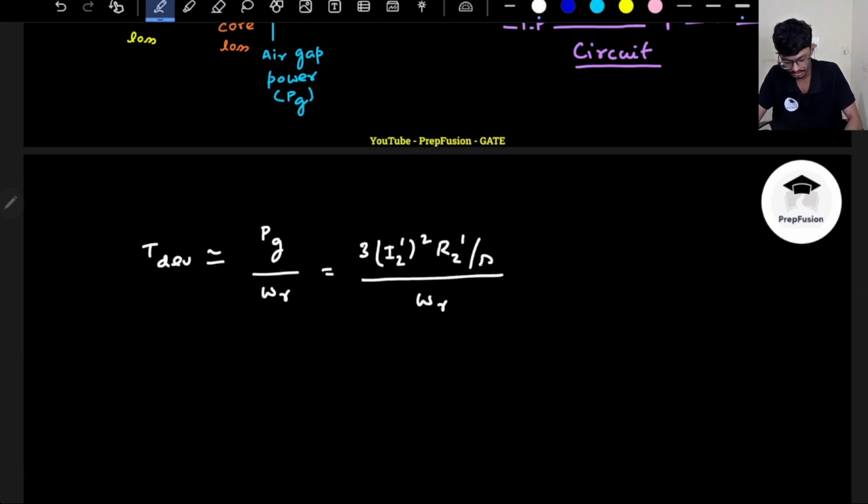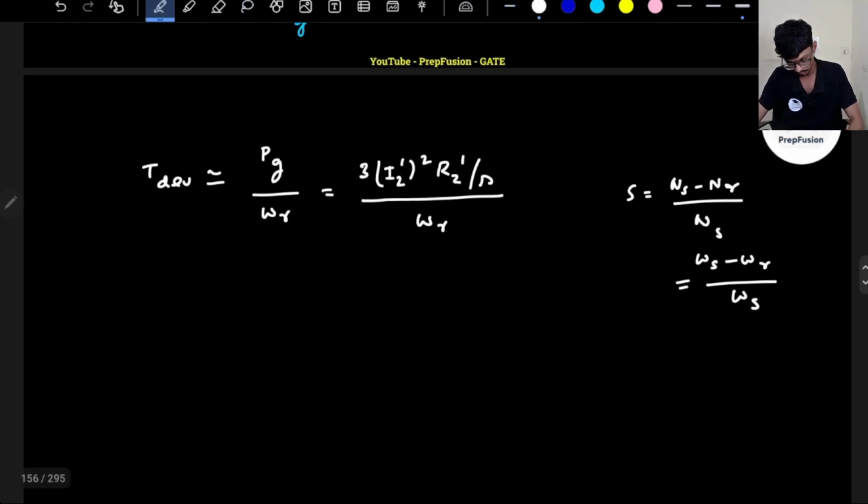So what is omega r basically? I know that s equals ns minus nr by ns. Can I also write this as s equals omega s minus omega r divided by omega s?